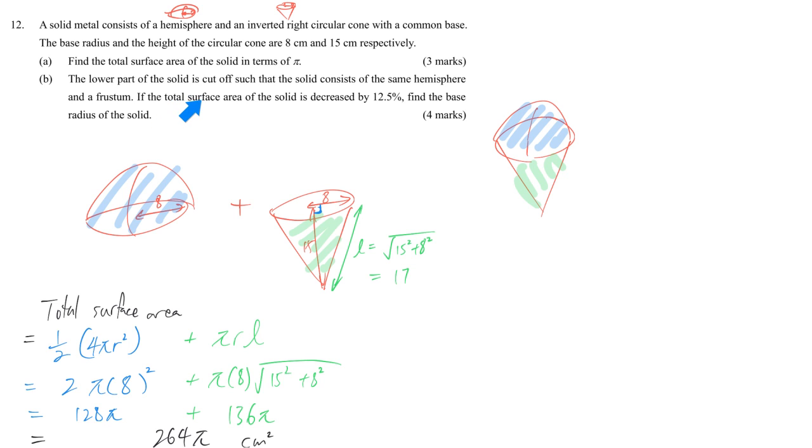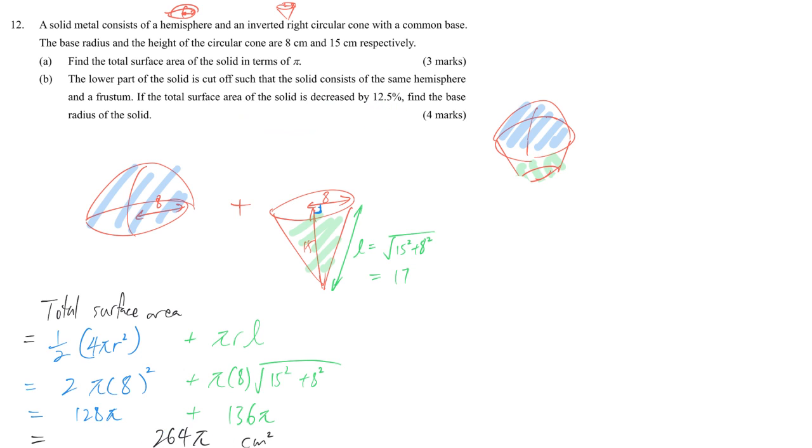In the second part, it's more difficult. They say that the lower part of our cone is cut off. So this one is separated, and then we remove the lower part of the cone. It becomes the same hemisphere and also a frustum below. The total surface area is decreased by 12.5%.